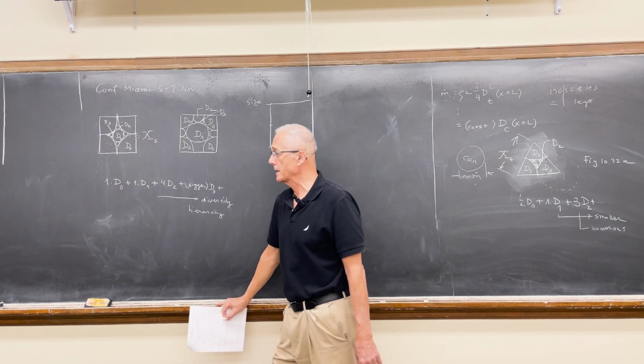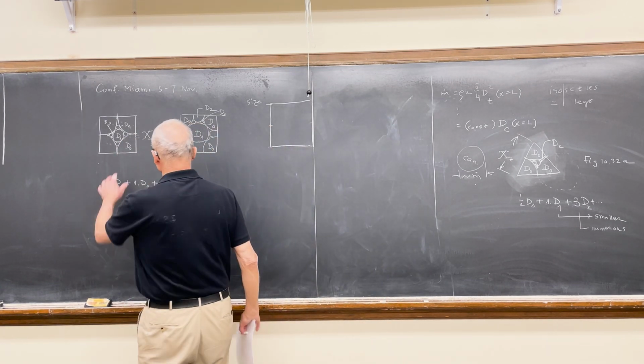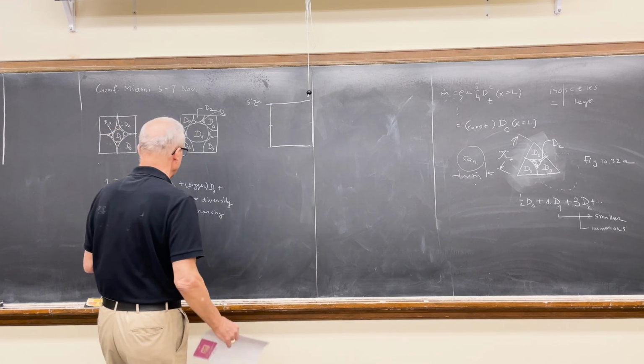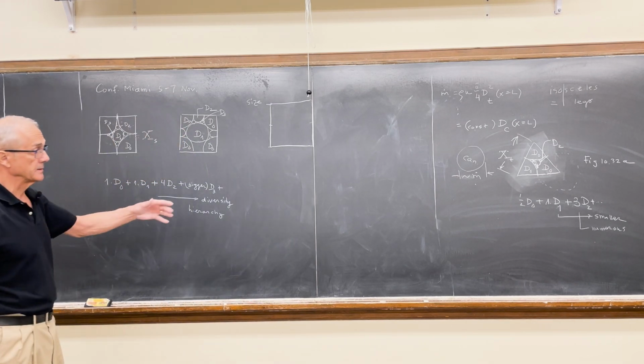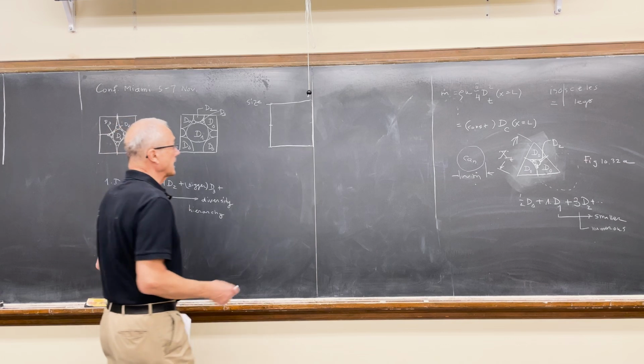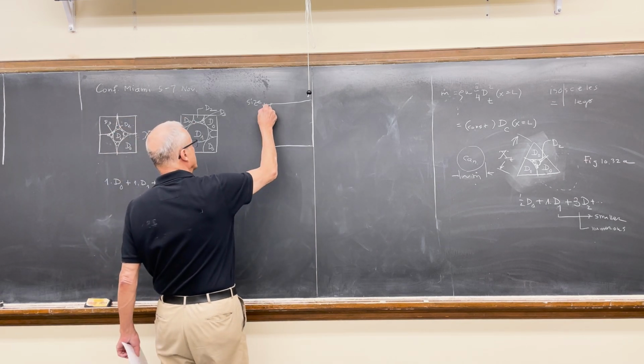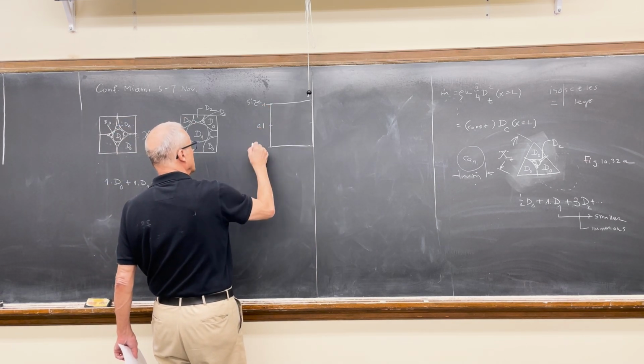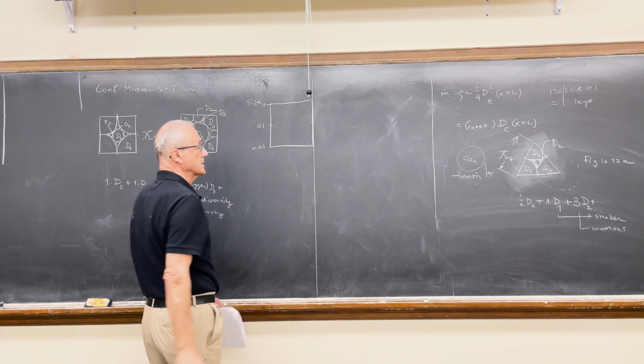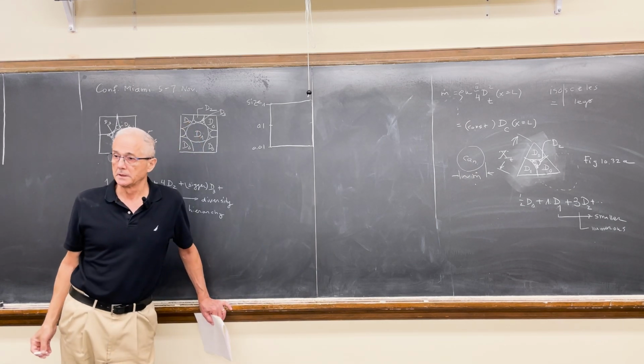The biggest, you can see here, is D0. And I call that biggest size 1, and then going down in cycles of 10.